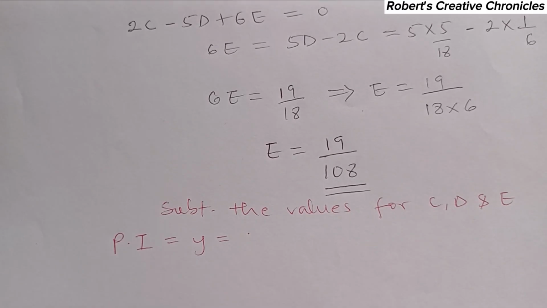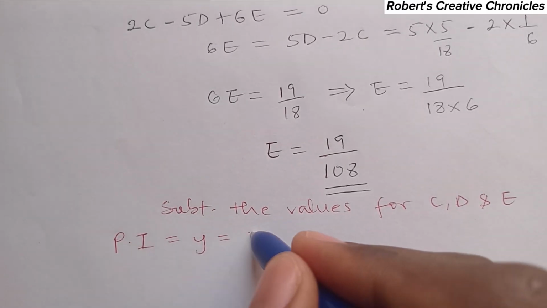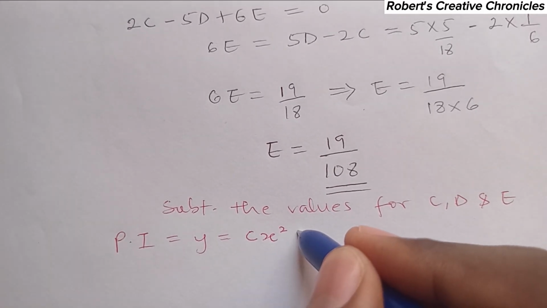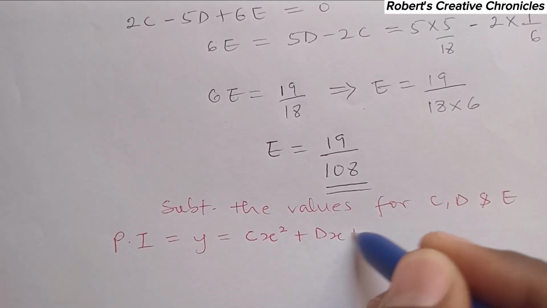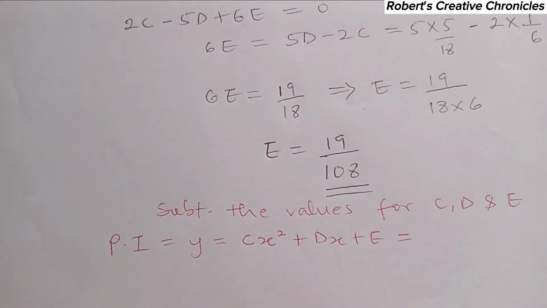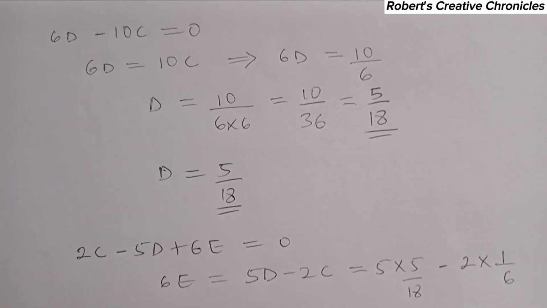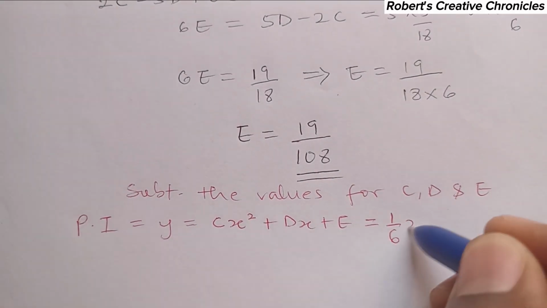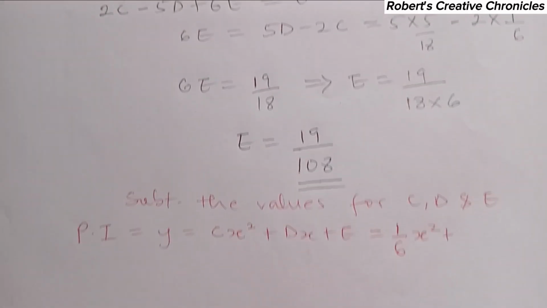We'll substitute the value of c. What's the value of c? C is 1 over 6. So here will be 1 over 6 x squared plus, what's d?